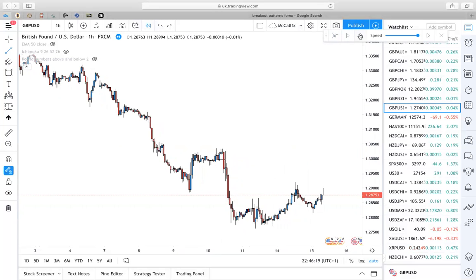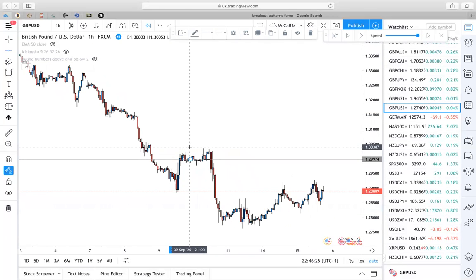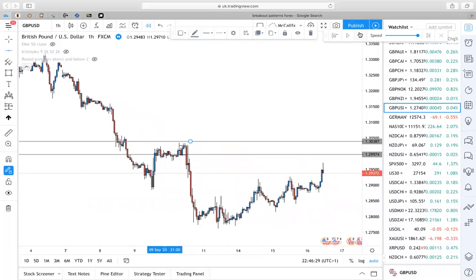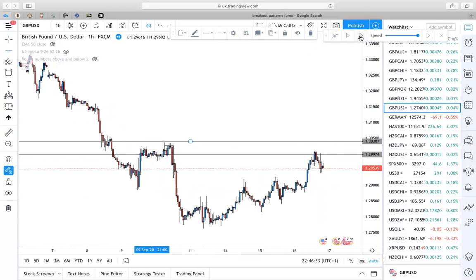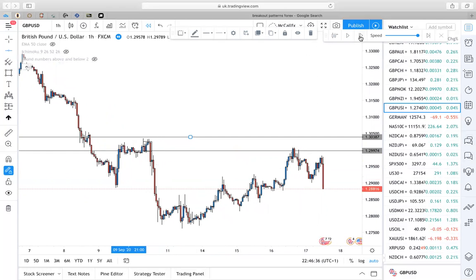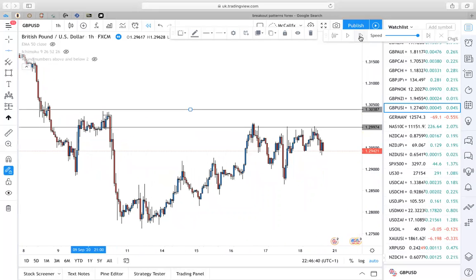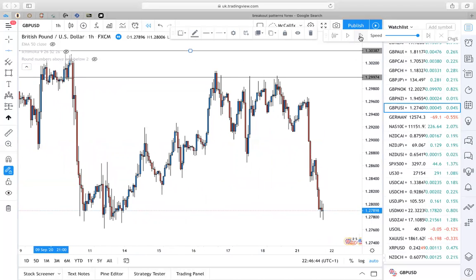Price went up, went up, went up, went up, went up. All right, so this is my level. See, price hit this level. See what price did?